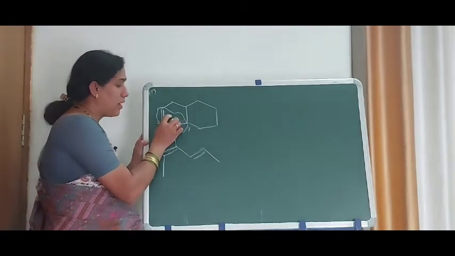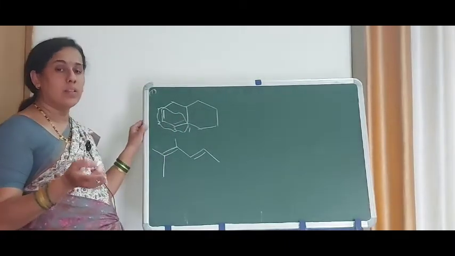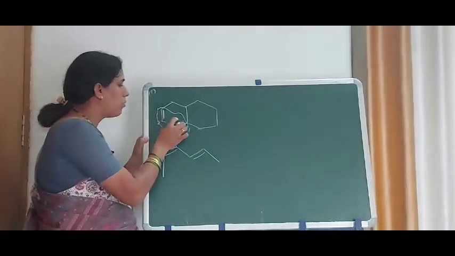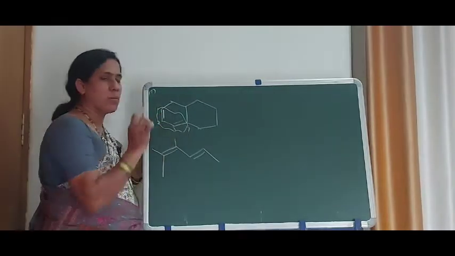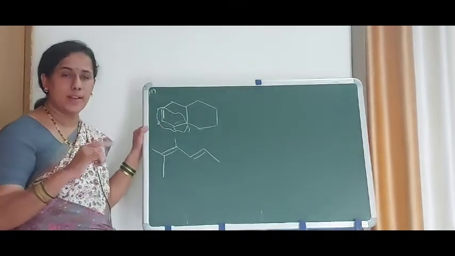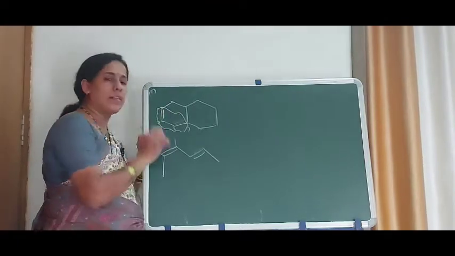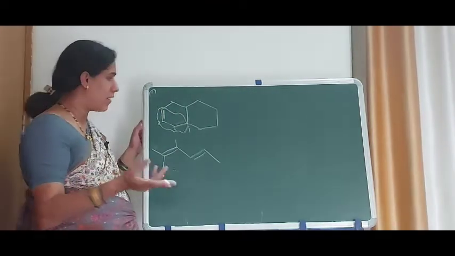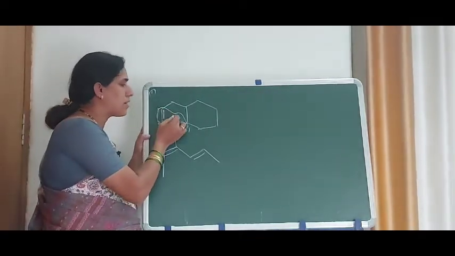But before writing the parent basic value, you have to concentrate on these 2 double bonds, whether they are present in one ring or in another ring, or whether the 2 double bonds are present in both rings.